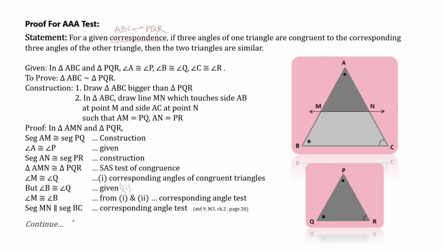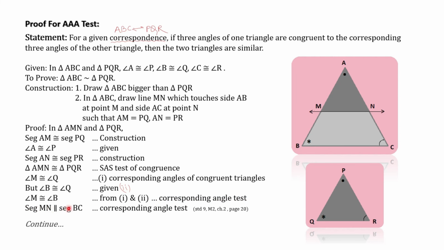From 2 and 1 we can conclude angle M and angle B are congruent because the RHS is the same. See this, angle M and angle B are congruent to each other because of 1 and 2, which is the corresponding angle test.